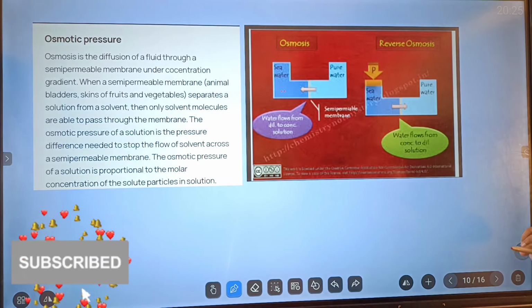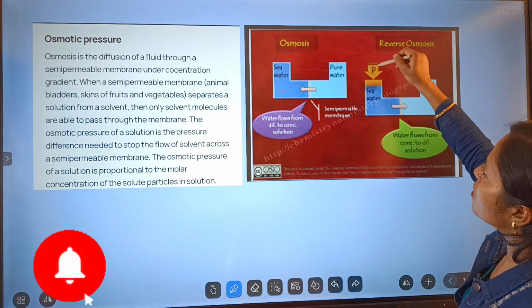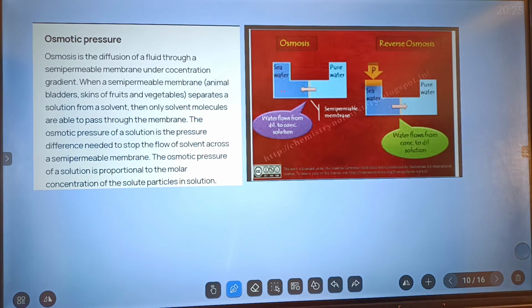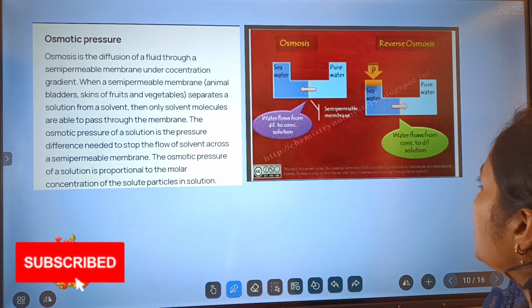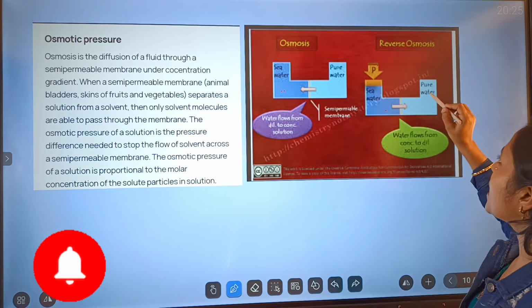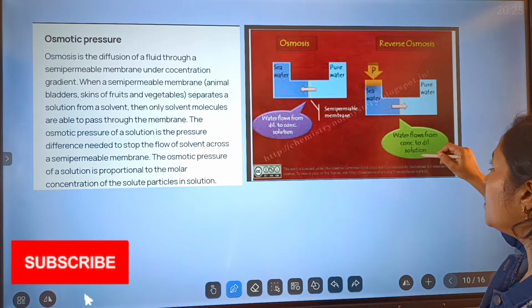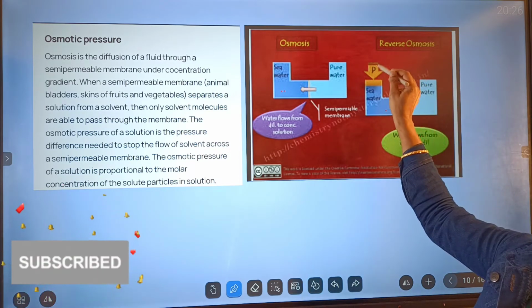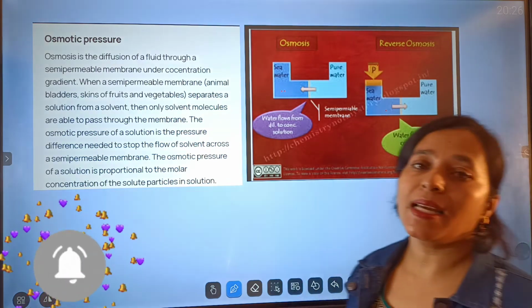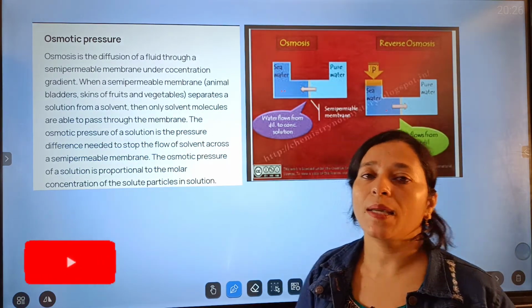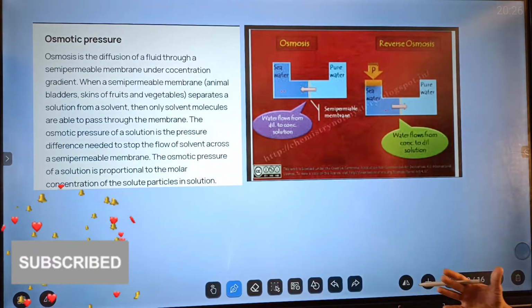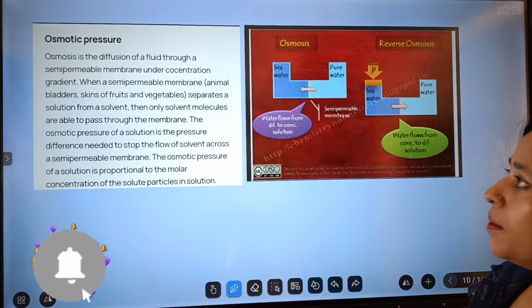Now we are applying osmotic pressure here. On applying osmotic pressure, the seawater starts flowing towards the pure water through the semi-permeable membrane. This is known as reverse osmosis. Why has this been possible? Just because of the applied pressure. This pressure is known as the osmotic pressure.